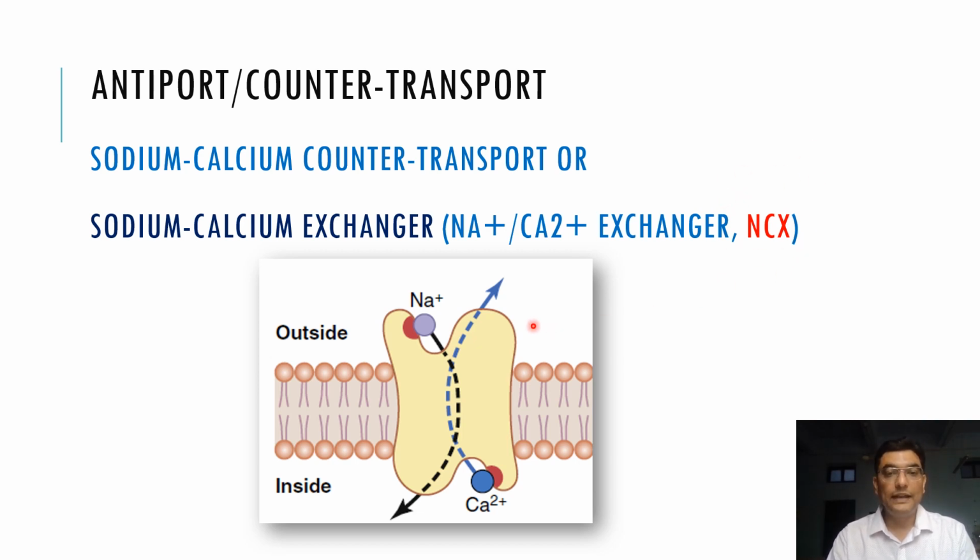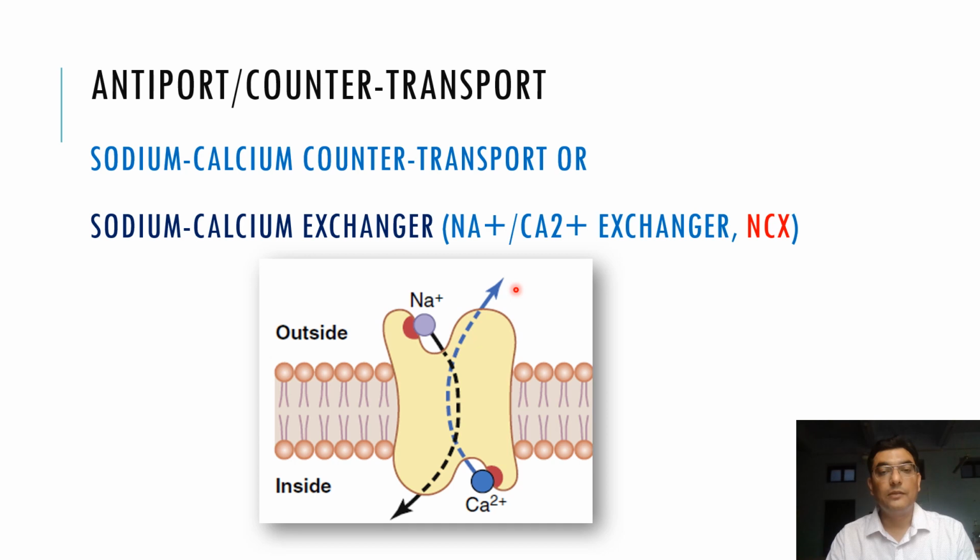It has the binding site for the sodium on the outside and the calcium ion on the inside. When both of them bind to their sites, the sodium, which always wants to move inside, will move inside, and with that the calcium will utilize this energy and move towards the outside. So this is the antiport.